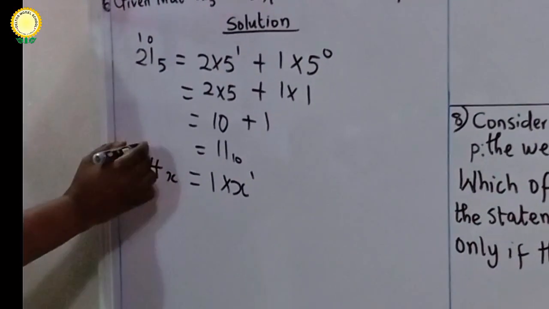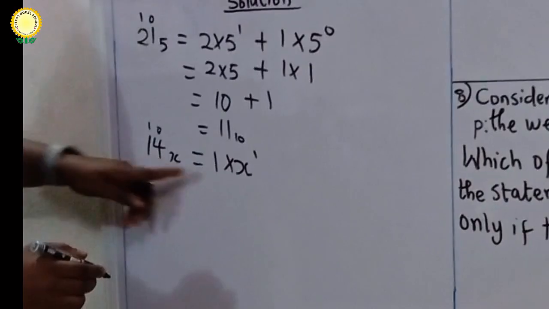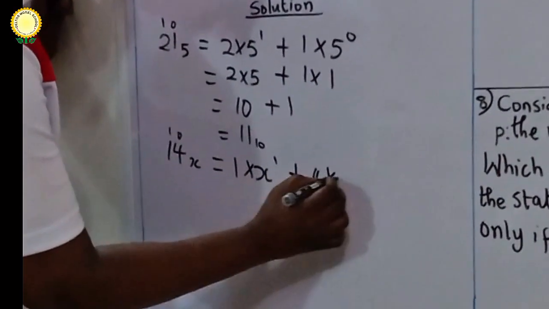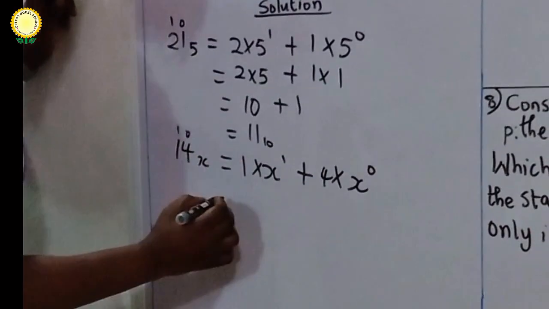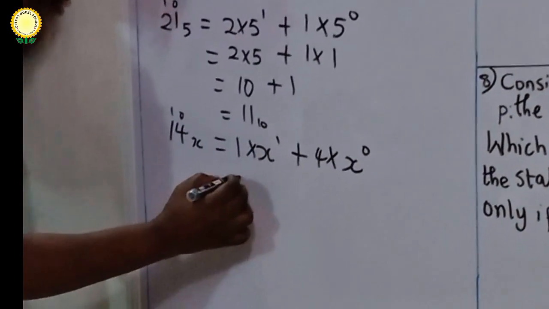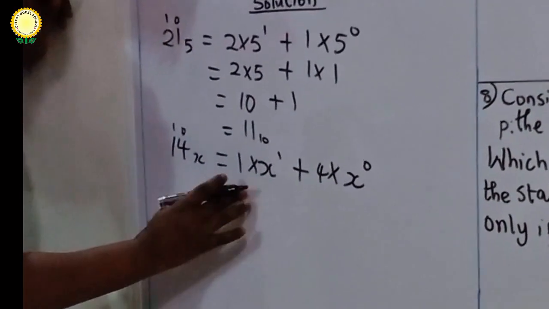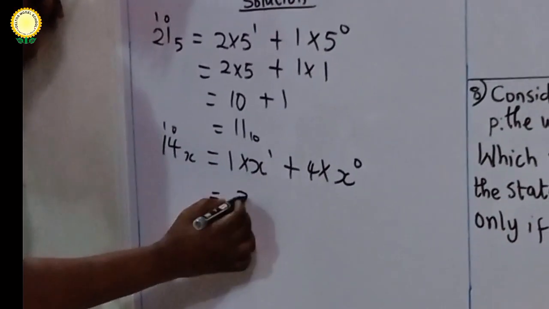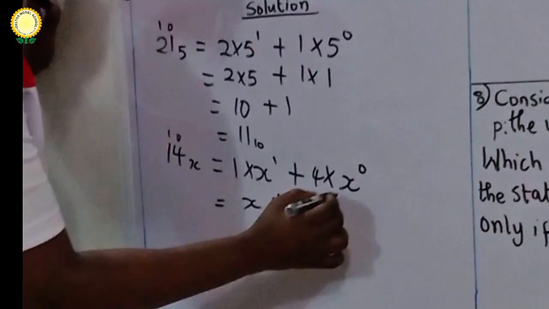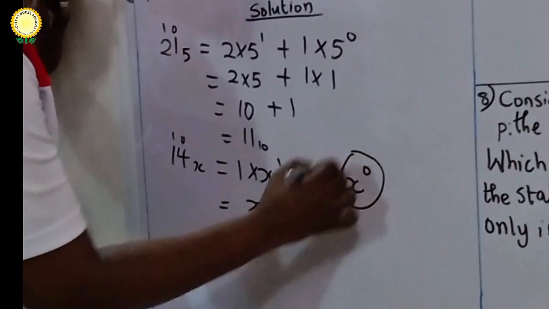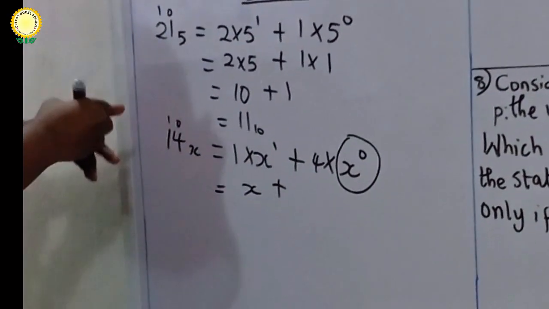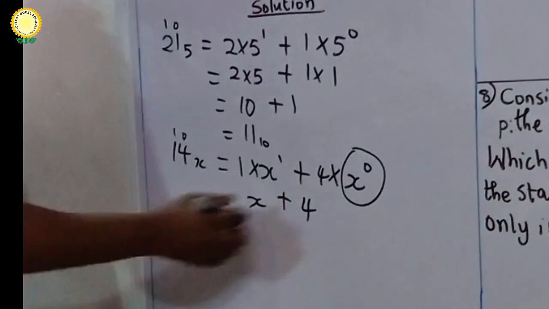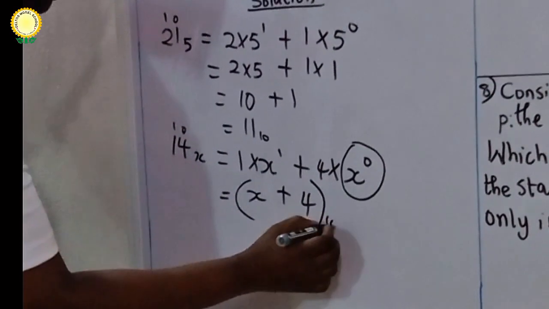We need to be careful here because of the unknown. 1 times x raised to power 1 is x, so x times 1 is x, plus 4 times 1, since anything raised to power 0 is 1. So 4 times 1 is 4. So our answer is x plus 4 to base 10.